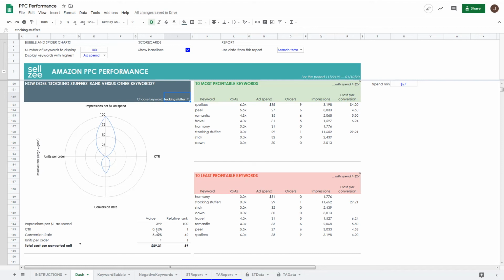But of course, as a customer, you already have stockings and you're just trying to stuff them. Then you're not going to click on the ad for stockings. So your click-through rate and your conversions are going to be low for that search term. And although you're seeing impressions now, most likely you'll eventually stop getting impressions for that keyword because Amazon will eventually deem your ad as not relevant for the search term.